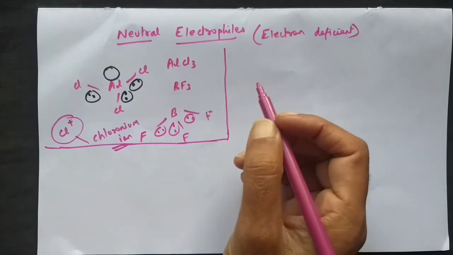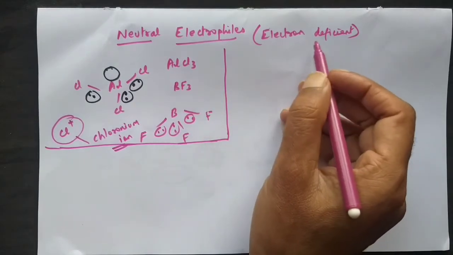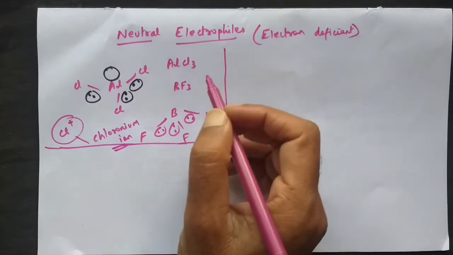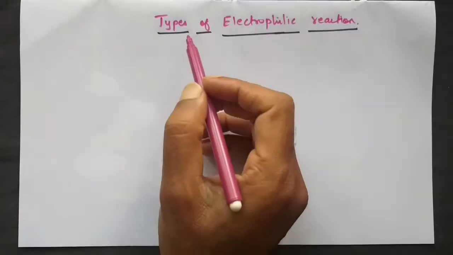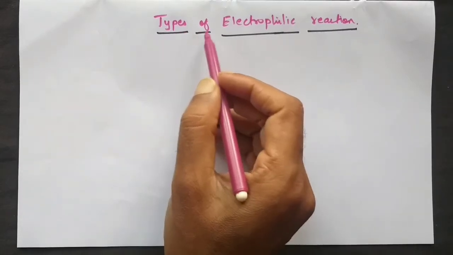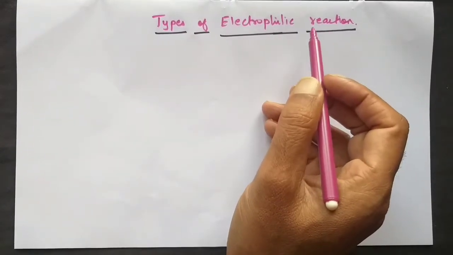So we know the concept of electrophiles now. Basically they are electron deficient. They will have positive charge or they may be neutral. Next, let us discuss the types of electrophilic reactions.